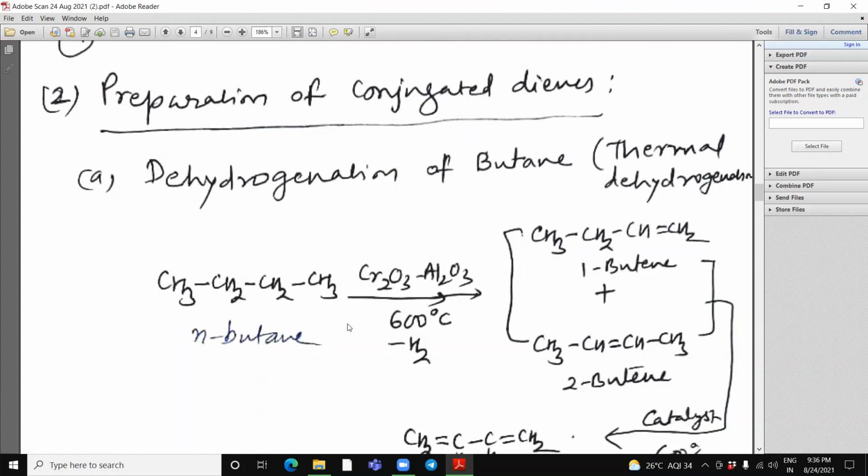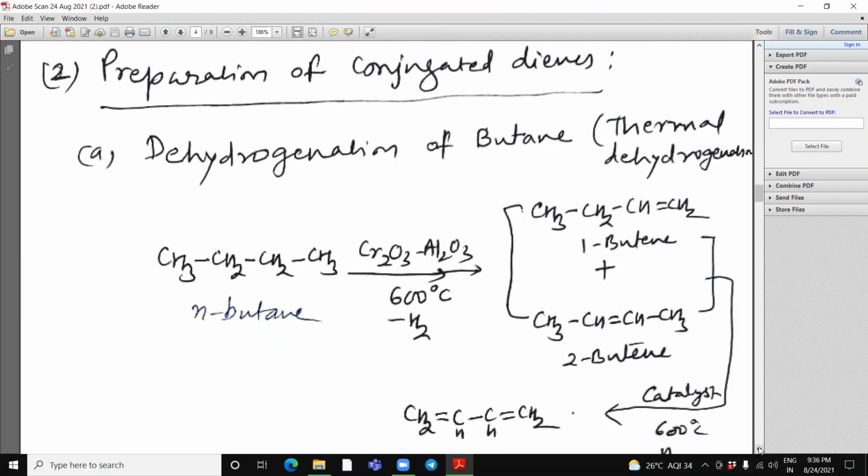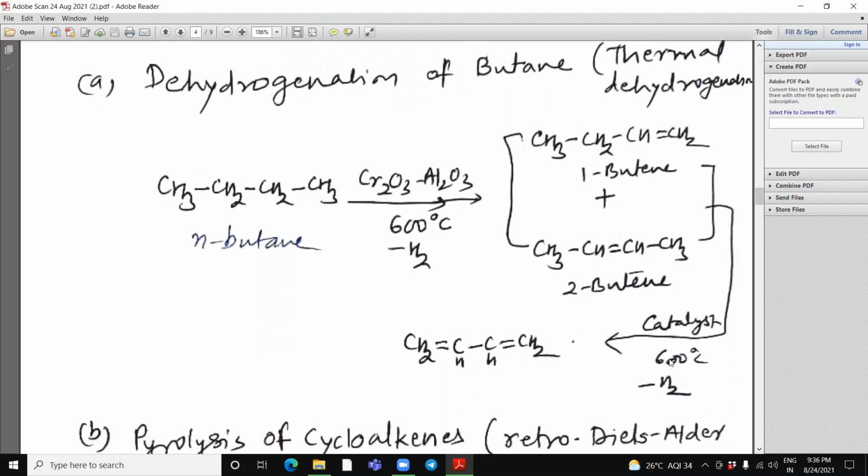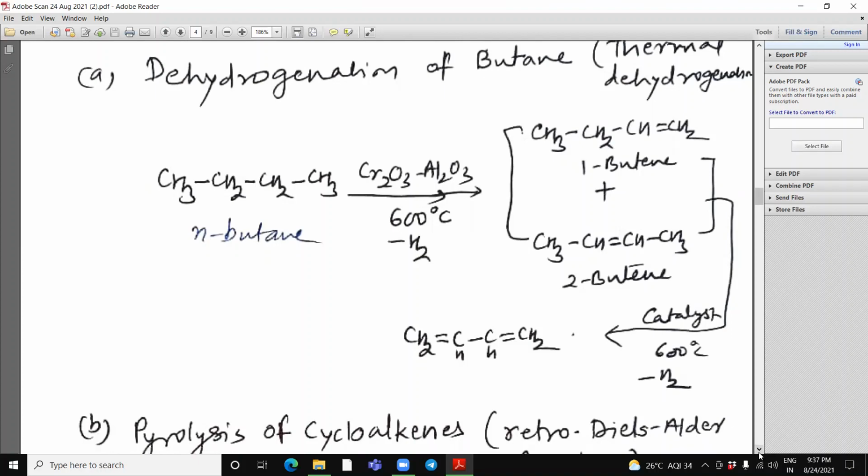When normal butane is treated with chromium oxide at a higher temperature, it will dehydrogenate and give a mixture of 1-butene and 2-butene. Then on further dehydrogenation at higher temperature, it will give us 1,3-butadiene.